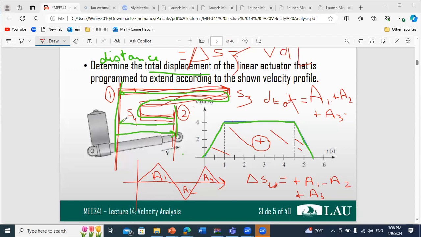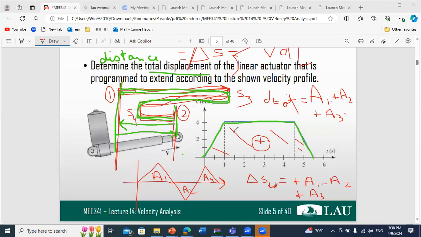So the displacement can be positive, can be negative, and it depends on the final and initial position. While the total distance is always positive and it follows a path. So if I want to calculate the total distance in this example, first I do S3 minus S1, so this is this part, plus S3 minus S4, and finally plus S2 minus S4. So here in this example, the total distance is larger than the total displacement.